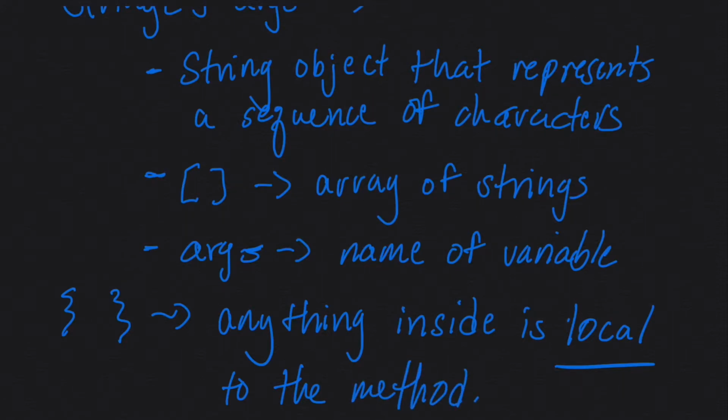So what that means is when this method starts executing, it does its statements, and when it's done, the garbage collector, if there's any variables that are initialized inside of that scope, will collect those and free up that memory for consumption elsewhere in the program.